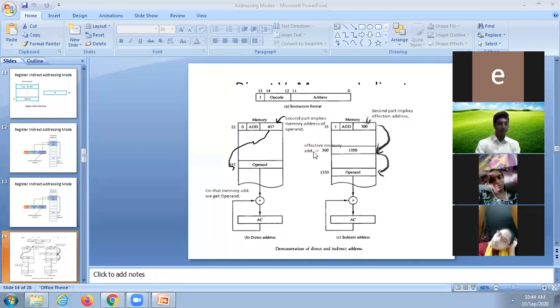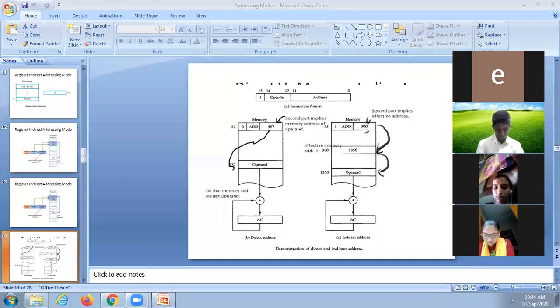In address 300, the content available is 1350. What is this 1350? This is the address of the actual data.